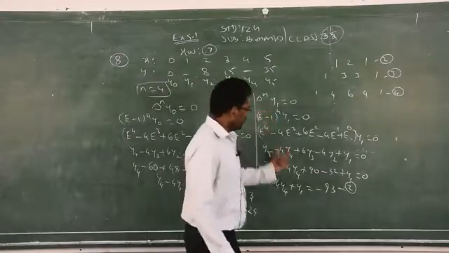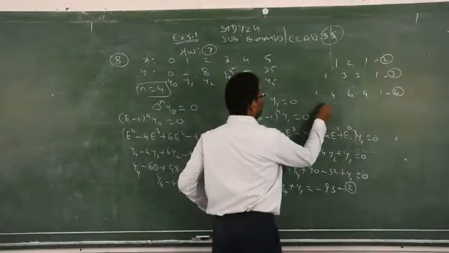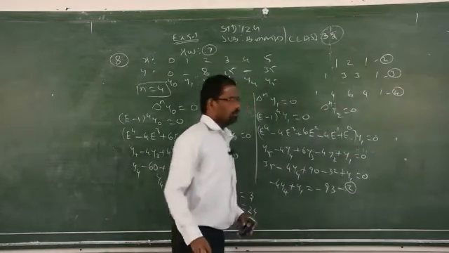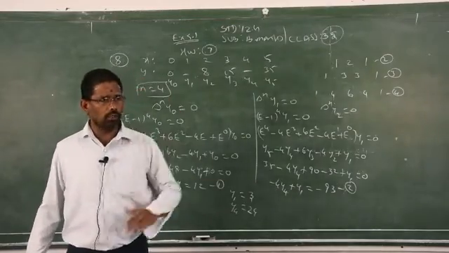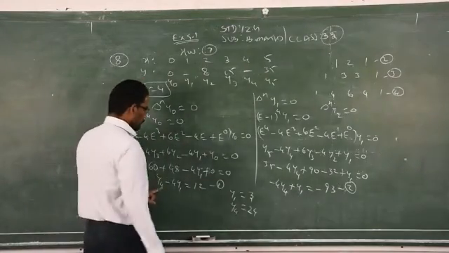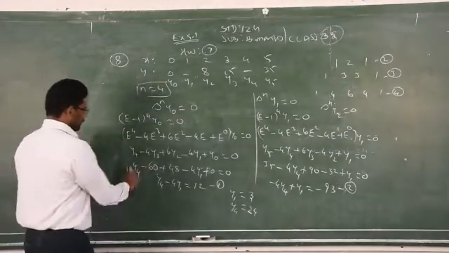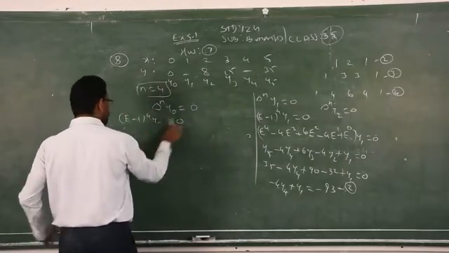Then y1, you will get another equation. Then you will go for delta n y naught, y2 is equal to 0. You will get one more equation. Then you have to solve those three equations either by inverse matrix method or determinant method.